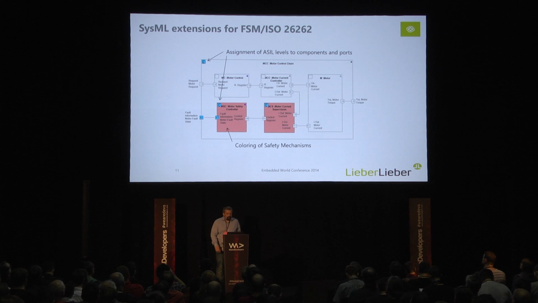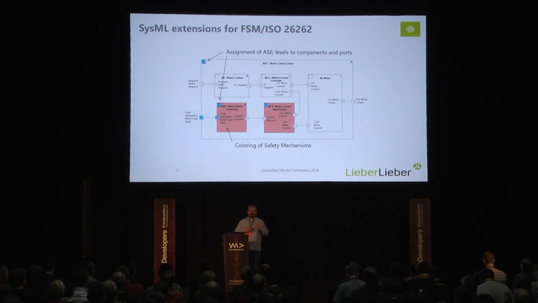This is an example of a systems engineering model in the automotive industry. And here we used a different way of linking. The safety critical, the ASIL levels, are built into the diagram. And it's very simple. The red ones are the ones that we have to care about in terms of functional safety.